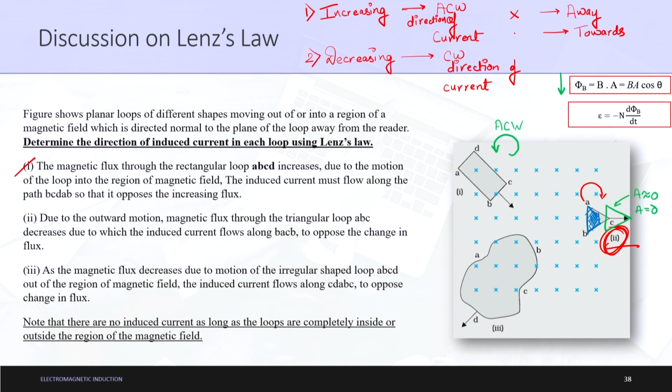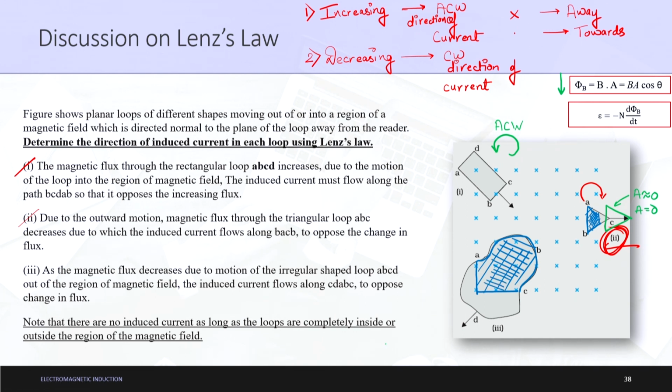Moving on to the third point here, then: the magnetic flux decreases due to the motion of the irregular shaped loop ABCD. For the irregular shaped loop, again I will use 2 colors to make it clearer. In the first scenario, this is the area we are talking about, the area which is under the influence of the magnetic field.